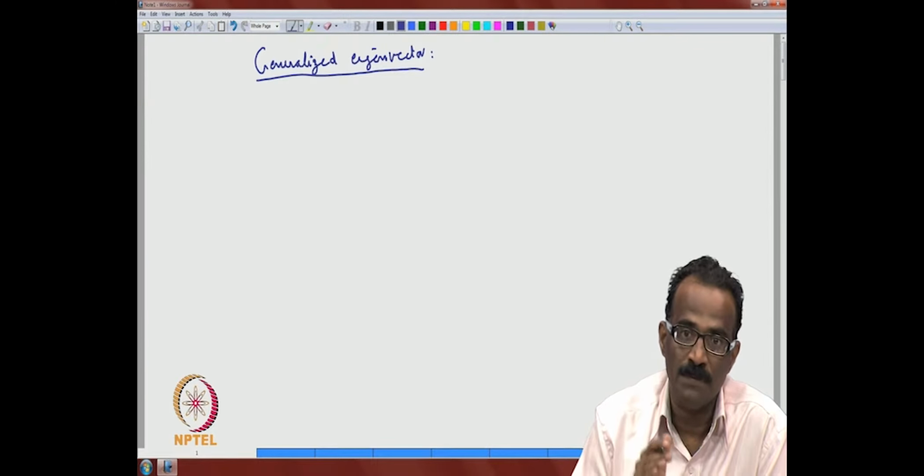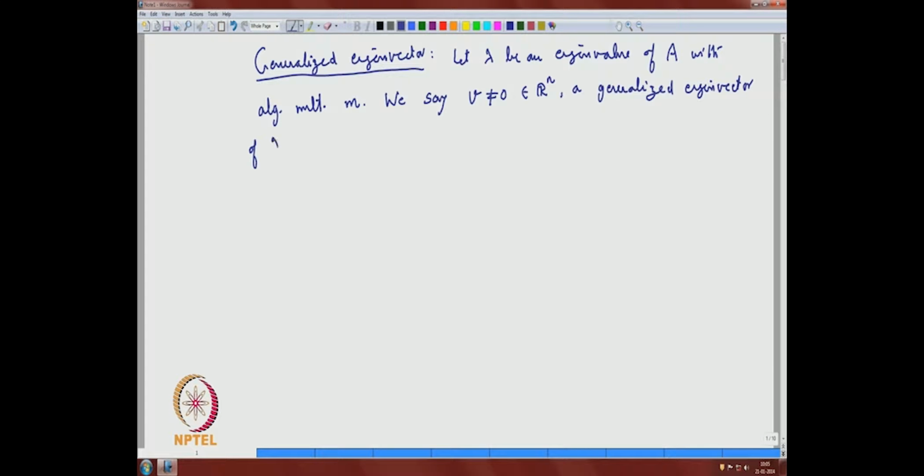We say a vector v not equal to 0 in Rn is a generalized eigenvector for lambda if (A minus lambda I) power k of v equals 0 for some k equal to, say, 2 to n.